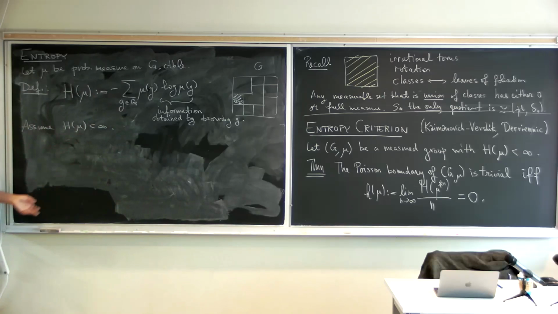Of course, many times we are interested in the simple cases, like if the measure has finite support, then of course the entropy would be finite. But in general, the support of mu could be infinite, and in fact, there are examples where this entropy could be infinite.